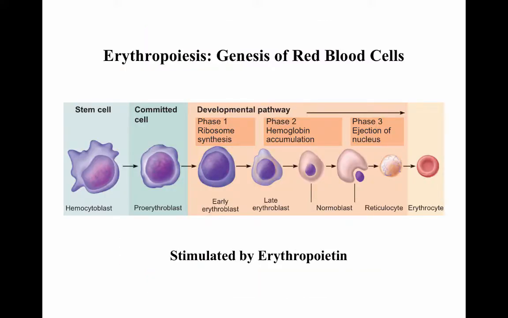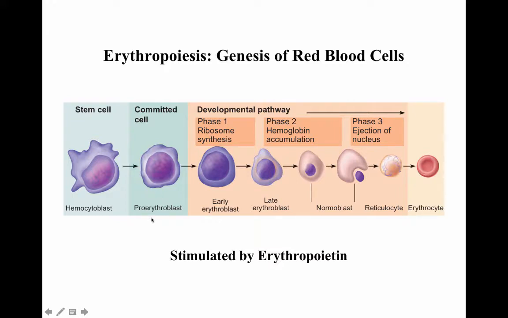Which brings us then to erythropoiesis, the genesis of red blood cells. What we're interested in here is that we have stem cells or hemocytoblasts that then move forward into a committed cell type. So this cell will definitely be one cell type or another.